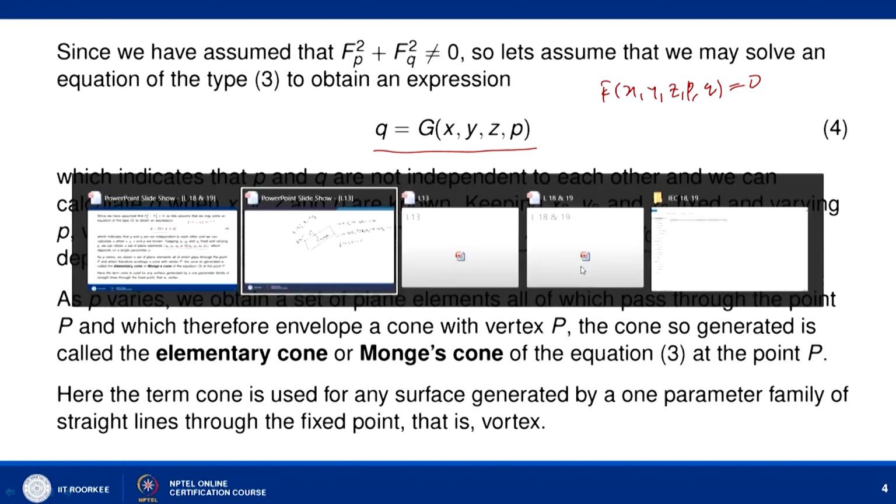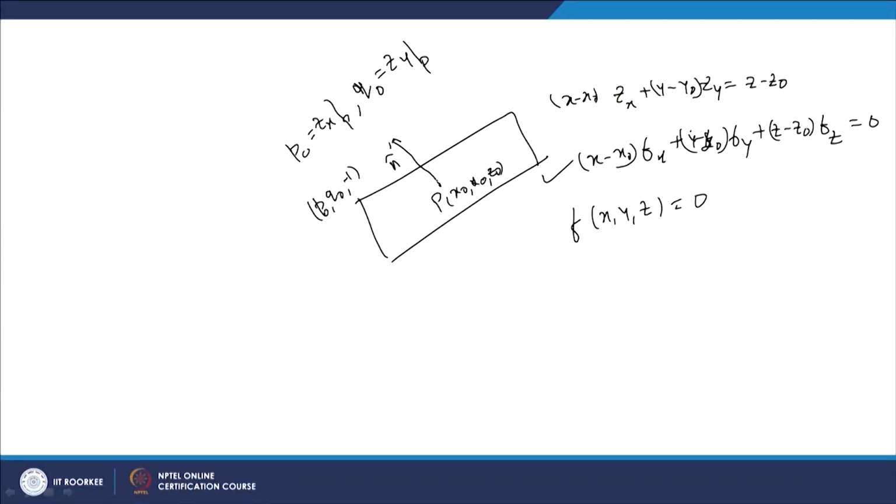For example, if you look at this particular point, let us say it is x naught, y naught, z naught, and you take a p and you can get a value of q, and you vary your p, then you can have different values of q. So, we can have different values of n here, right.